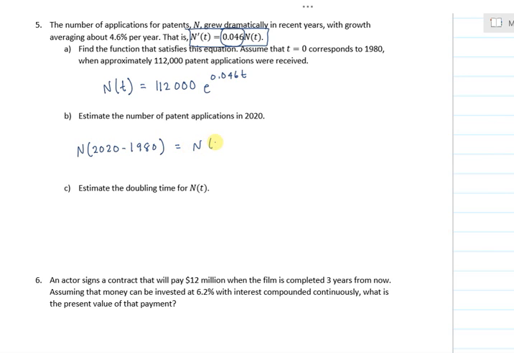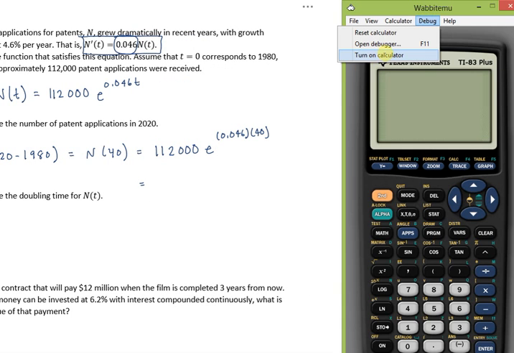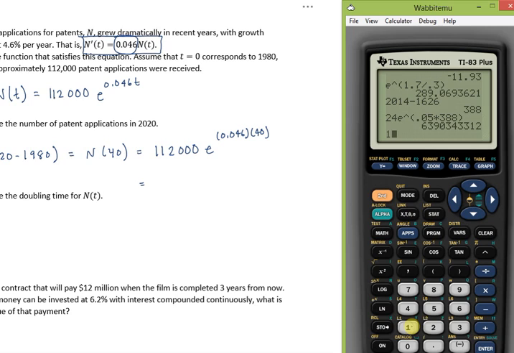So we have n of 40, which is 112,000 e to the 0.046 times 40. $112,000 times e to the 0.046 times 40. 705,212.